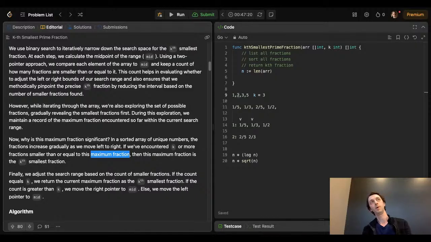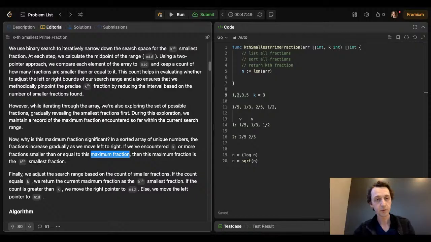Okay, given we are dealing with a bunch of the smallest, and the biggest one there, for it to be the kth, we need to have k minus 1 smaller ones.